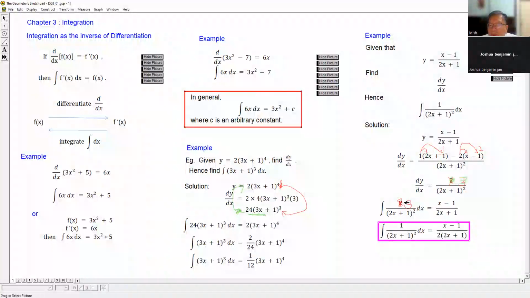Okay. So when you want to find 1 over 2x plus 1, you should bring the 3 over here. There should be 3. Okay, right. So this is the meaning of differentiation.